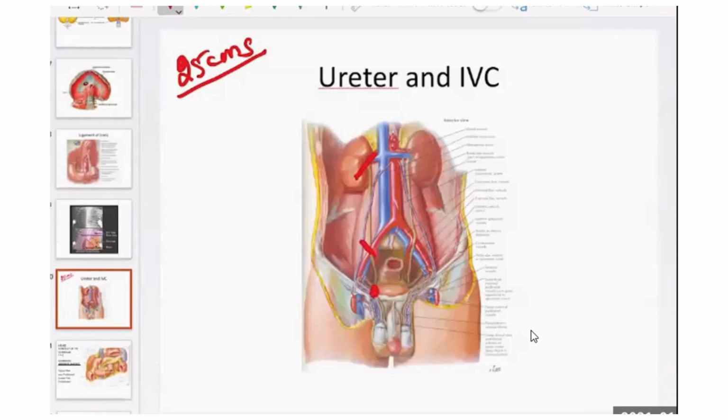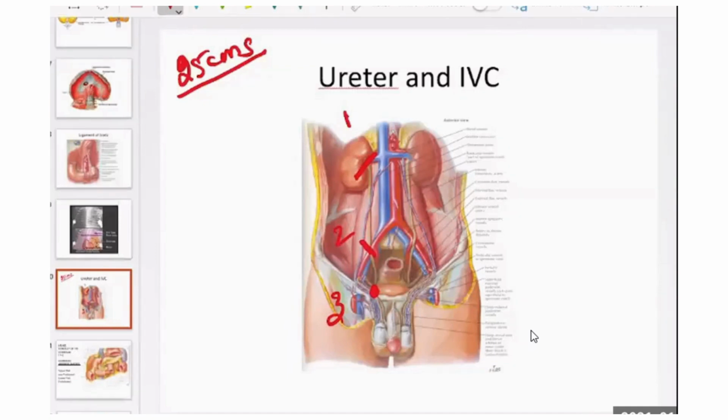So it shows three constrictions. One at the site of commencement, one at the level of termination. It commences within the renal calyx. We have made the calyx, minor calyx. Outer is cortex, inner is medulla. It opens on the trigone of the bladder. So it shows three constrictions.